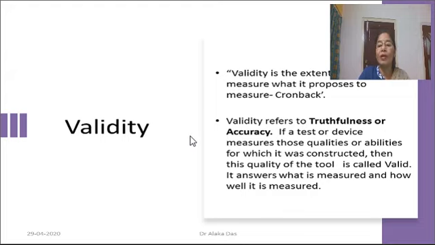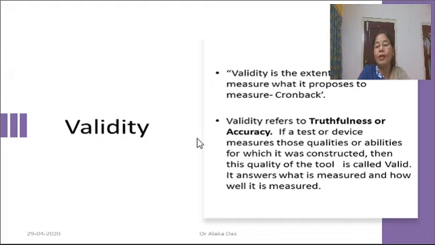If in my device I incorporate problems or questions that can be memorized, such as mathematical formulas, the students may memorize the formula and put it correctly. In that case, the device will not serve the purpose of measuring the mathematical understanding level of the students. If I want to measure the understanding level of the students, the tool must contain such problems or activities that are directly targeted to measure understanding capability.